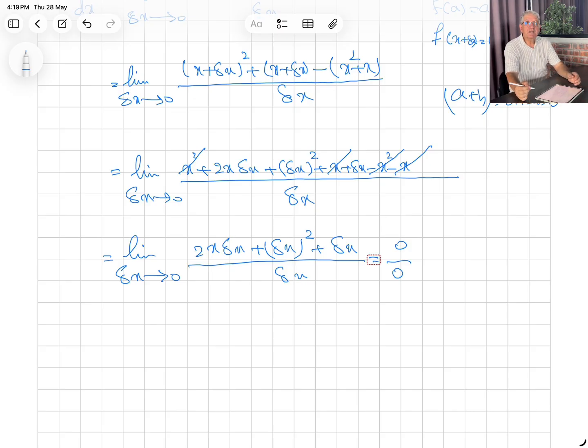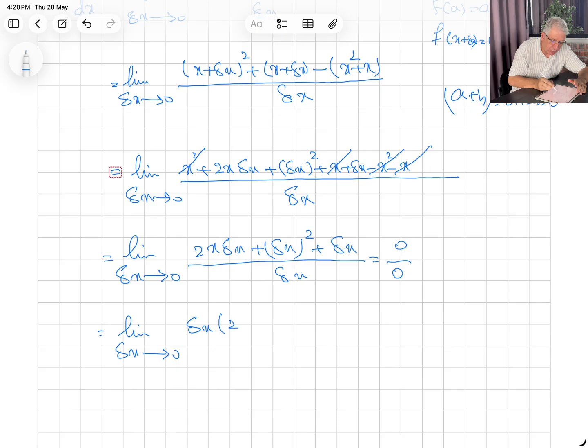What we can do is that we can factorize delta x from the numerator. You can see all of them have got common delta x. I can factorize it. I'm going to get limit delta x goes to 0, factorize delta x, I'm going to get 2x plus delta x from here and plus 1. And you can see that there is a delta x here which can be cancelled.